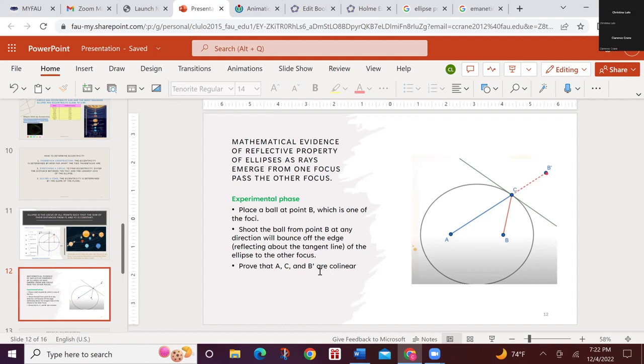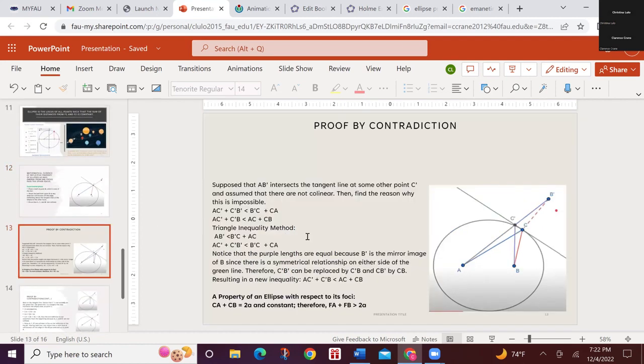Now we need to prove that point B prime and C are collinear. Let's see if we can prove that. To prove that, it is very important to focus on proof by contradiction. What do I mean by that? I'm going to take something that is impossible to prove, and I'm going to try to prove it to be correct.